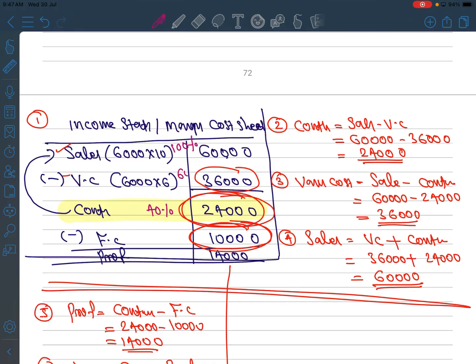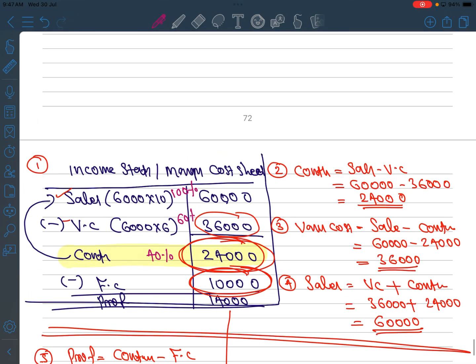So sometimes the question gives sales like 60,000. Then they will give contribution 40%. Sales is equal to 60,000. Then PV ratio is equal to 40%. Then what is variable cost?